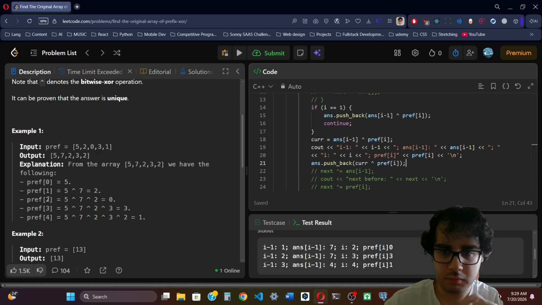So index is 2. So we have 2 XOR 2, which is 0. Then we have 0 XOR 2, which is 2.